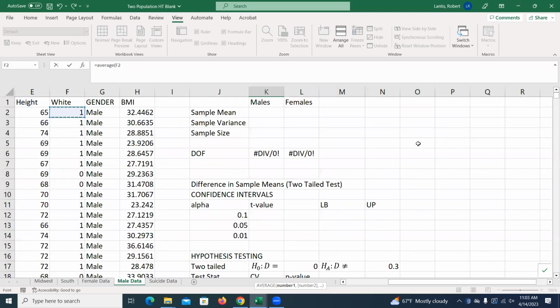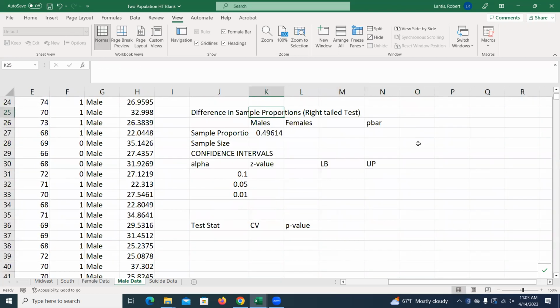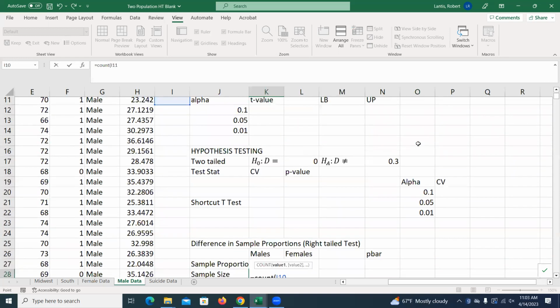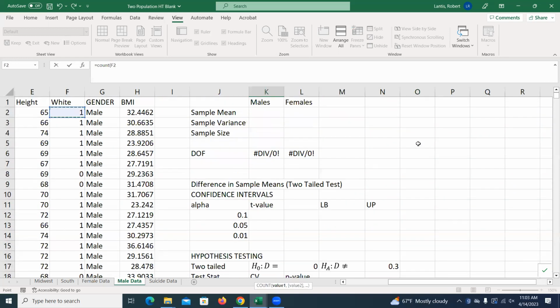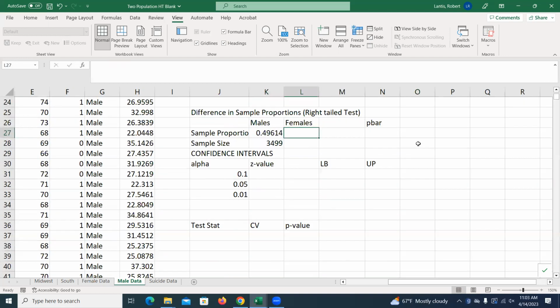So I'll go up to the top, select that variable, hit Enter. I've got my sample proportion for males that are white. I'll then use the count function again, select that 1-0 variable, hit Enter. So I've now got my sample proportion and my sample size for my male sample.